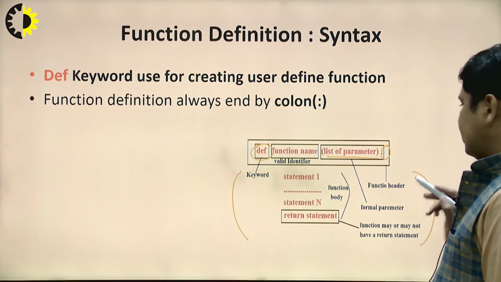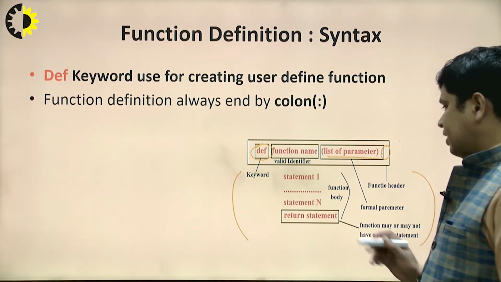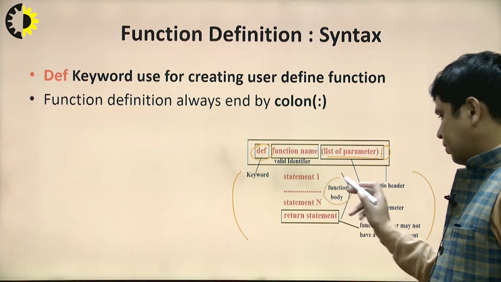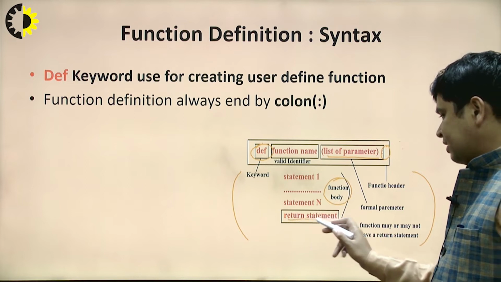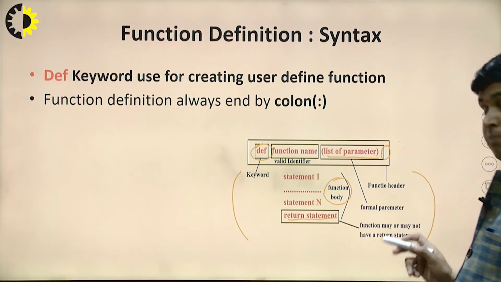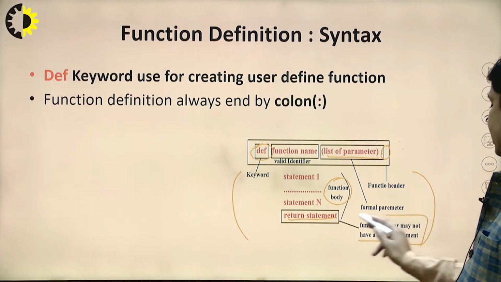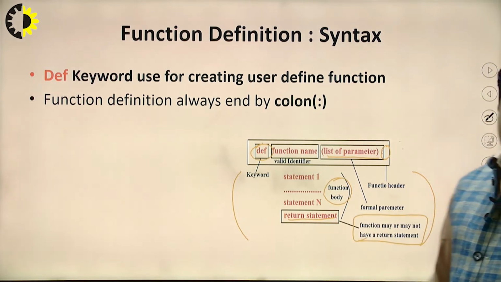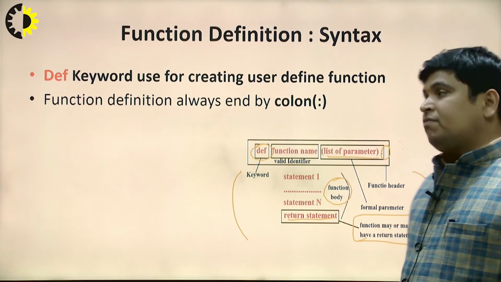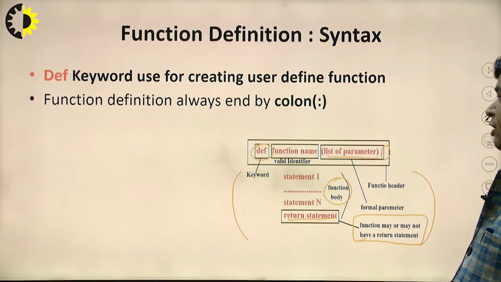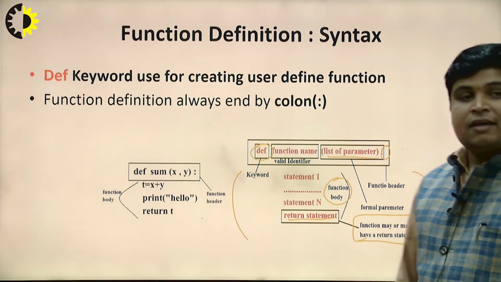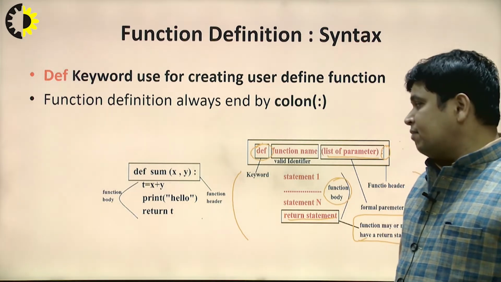Inside the function body, and at the last we have a return statement. But make sure a function may or may not have a return statement. It depends on circumstances. If we give the actual implementation, you will see here I have declared one function.